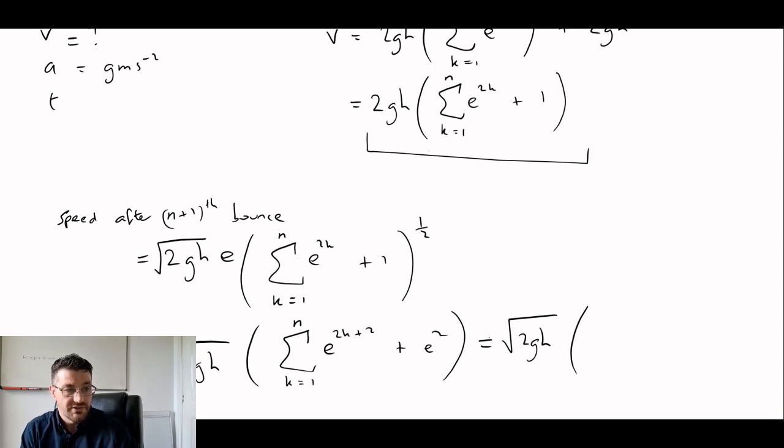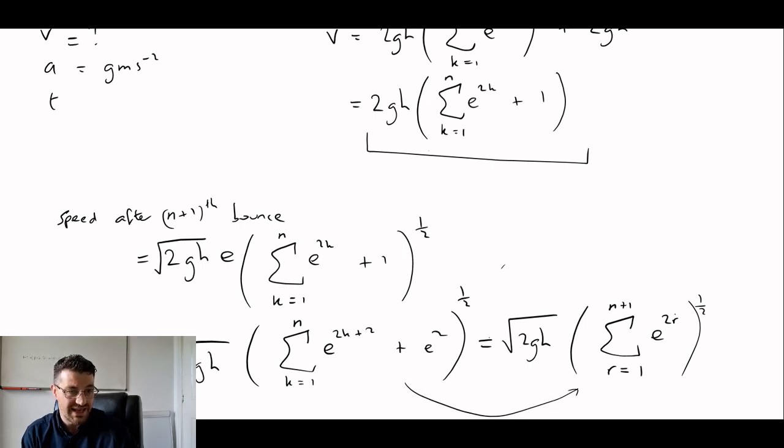So just shifting the k effectively. I'll change it to make it a bit clearer, from r equals 1 to n plus 1 of e to the 2r, sorry, and I forgot my half. Just to be clear, as I've gone from this expression to this expression, I've replaced the k with r effectively. So r is equal to k plus 1 or something like that.